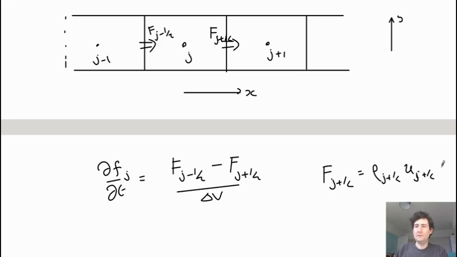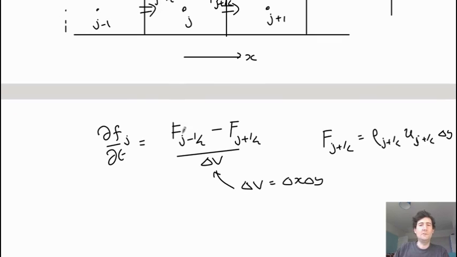So it'd be like delta y. And then the volume in this case, delta v, would be just delta x times delta y, basically the volume of this cell here. And so the delta y in these factors cancels the delta y here, and you just end up with a delta x, as you would for a finite difference formula. So this is the same as a finite difference formula.